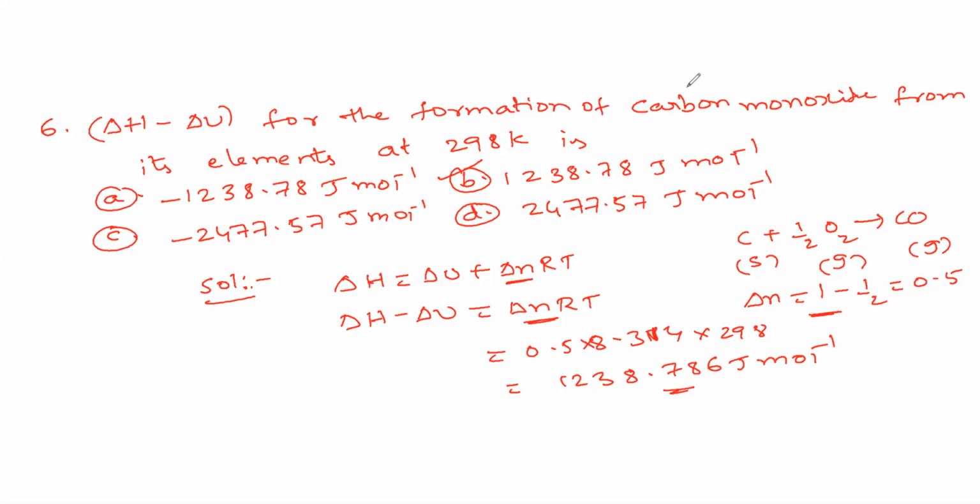Next, question number 7. Let us see previous NEET questions now. For a given reaction, delta H is equal to 35.5 kilojoules per mole.